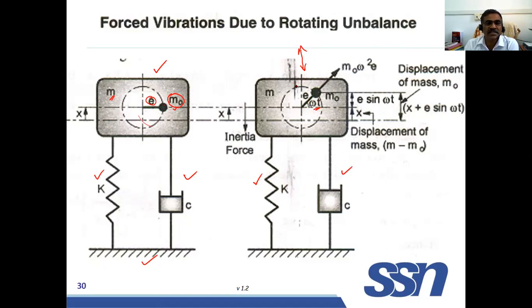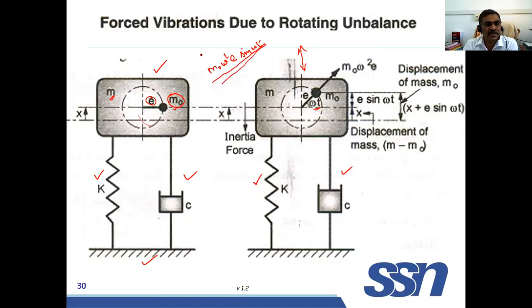What is the centrifugal force? m naught omega square e. This is the centrifugal force, but it acts in various directions. We are considering only the vertical force, m naught omega square e sine omega t. So this is the forcing function.